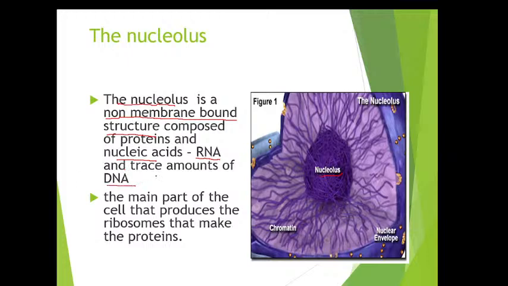That is what the nucleolus is. So, the nucleolus is a non-membrane bound structure found inside the nucleus. It is composed of what? Proteins and nucleic acids, mainly RNA and very small amounts of DNA. And this part of the cell, the nucleolus, produces ribosomes. The function done by the nucleolus is processing and ribosome assembly.